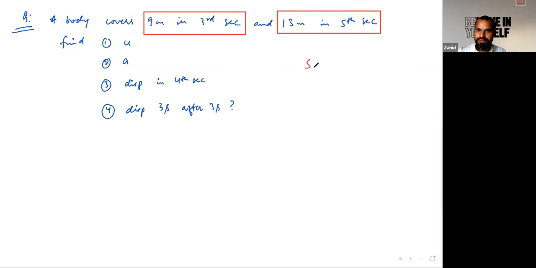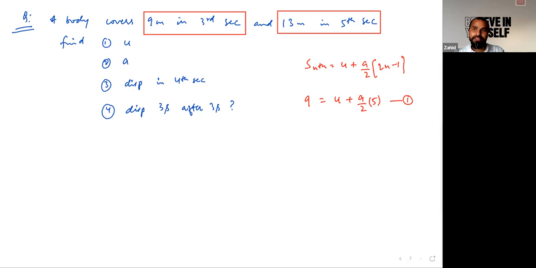So we can use S_n equals u plus a over 2 times 2n minus 1. For the first part, displacement is 9 meter, so 9 equals u plus a over 2 and n is 3, times 2 times 3 minus 1, which is 5. So it will be our first equation.